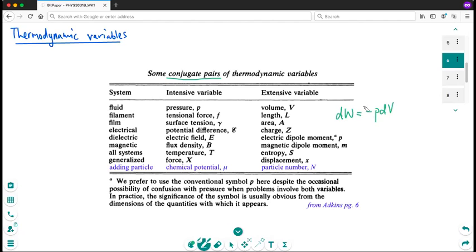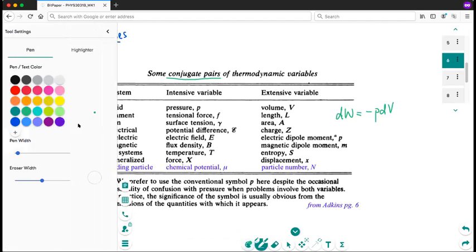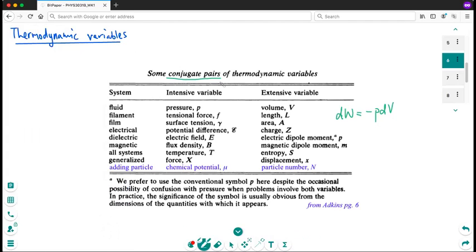We pick one variable from this column and the other variable from this column, and the differential change due to the change of the pressure will give you the change of volume. The product of this is the work done on the system. I will also write the right notation for you and describe it later.